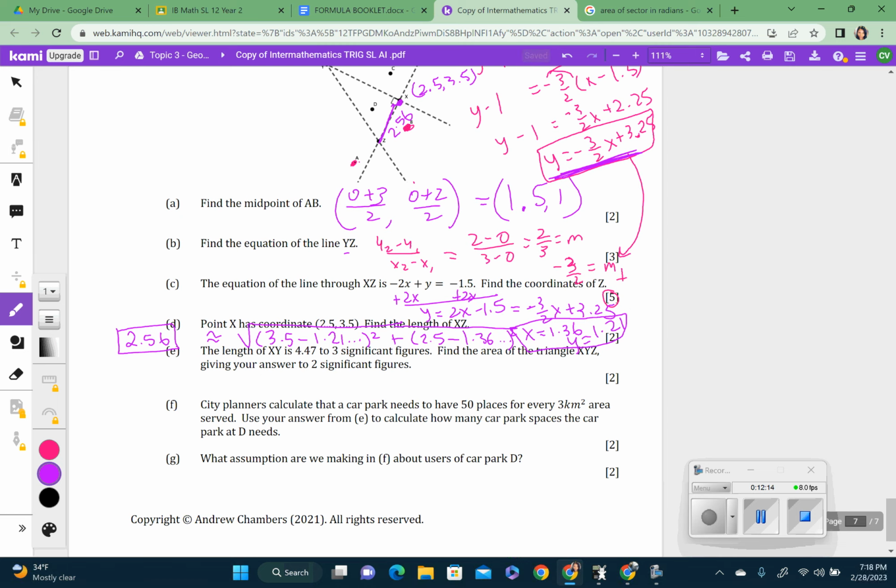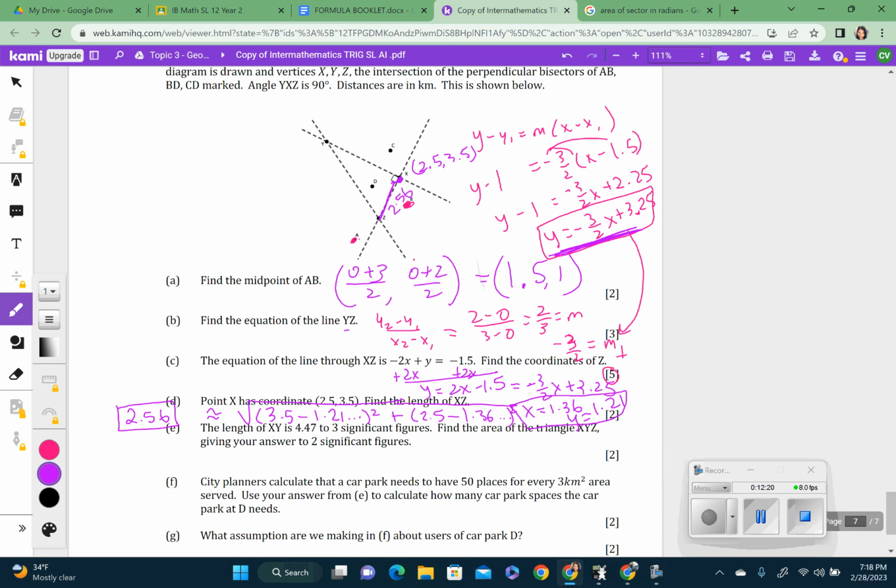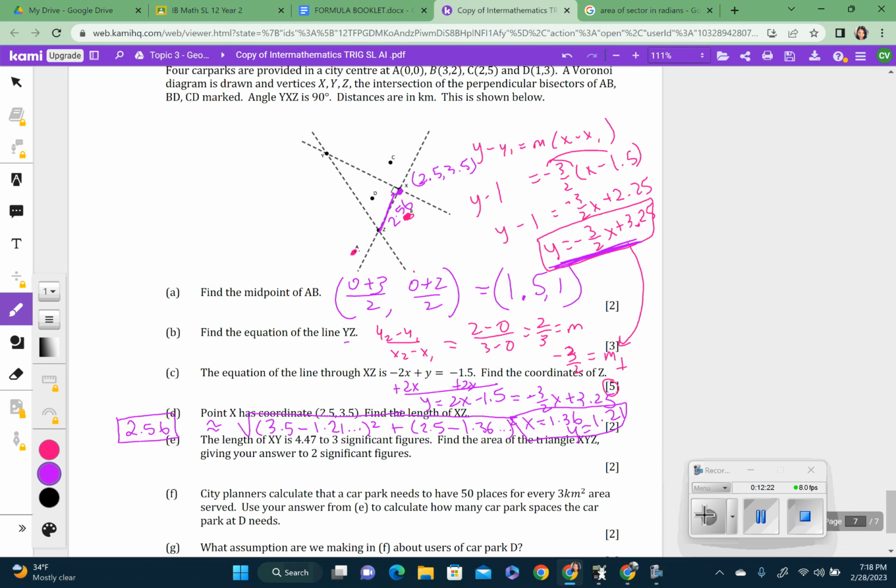All right, so now for a two-pointer, they're giving us the length of XY, which is right here, to 3 significant figures is 4.47. And they're asking us to find the area of the triangle. So we could do that. For the area of the triangle, again, this is a right triangle.